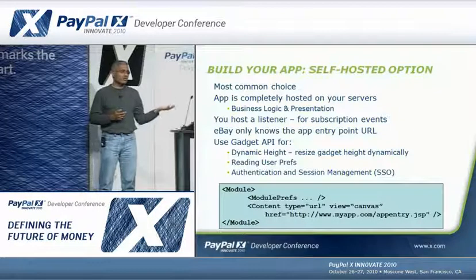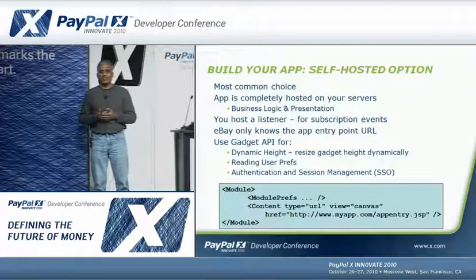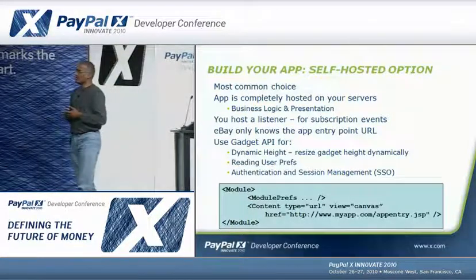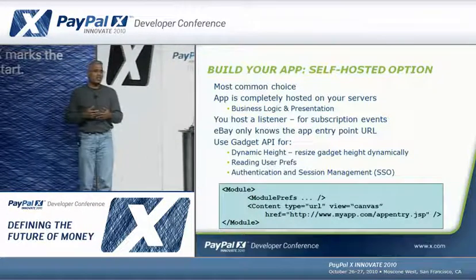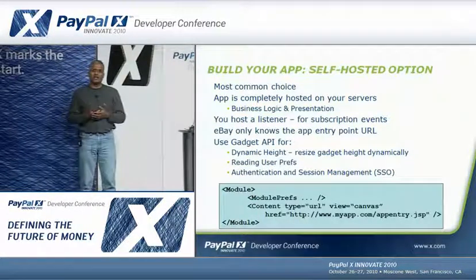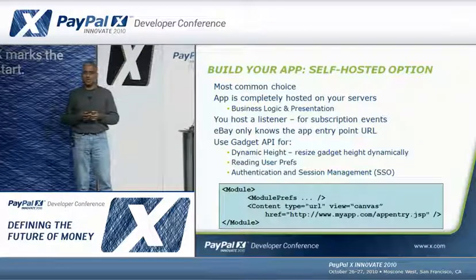Tina talked about single sign-on being a critical part of removing the complexity in the user experience of our sellers. So those are 3 elements that you need to factor in. The first 2 you would anyway do if you were to make it an open social compatible gadget. The last bit is specific to eBay, but I think you would see the benefit of providing a seamless experience navigating between applications.